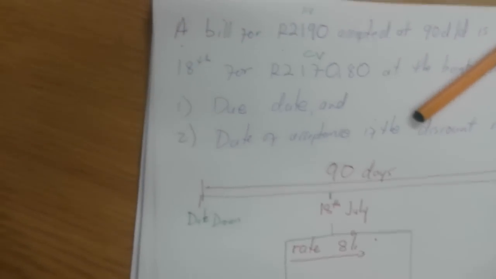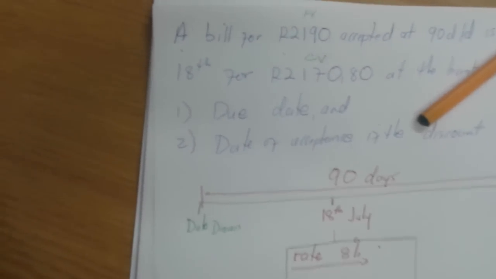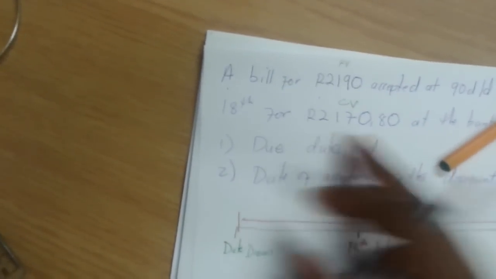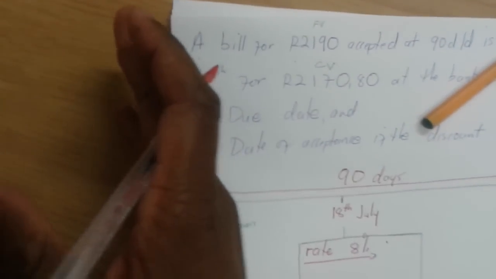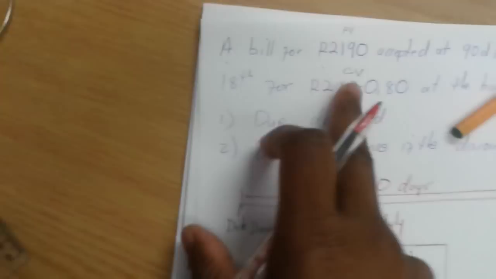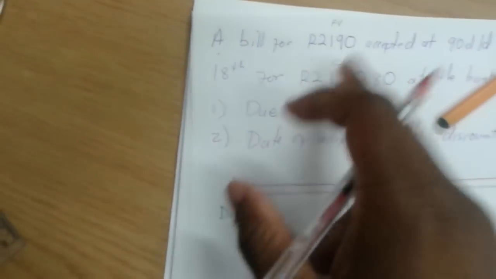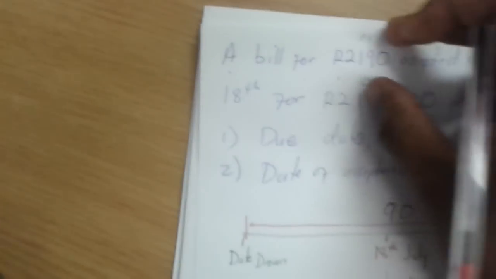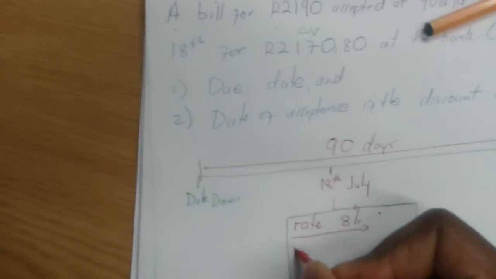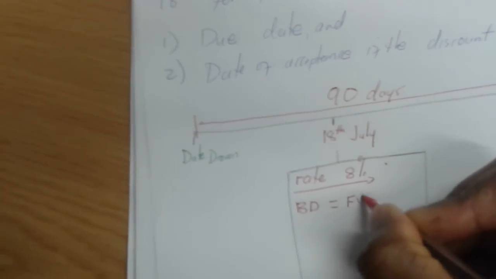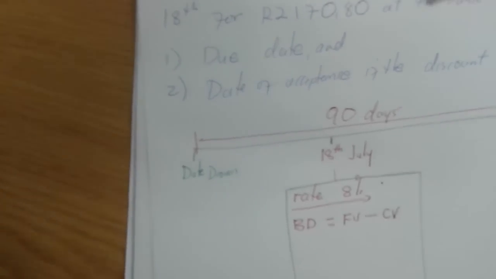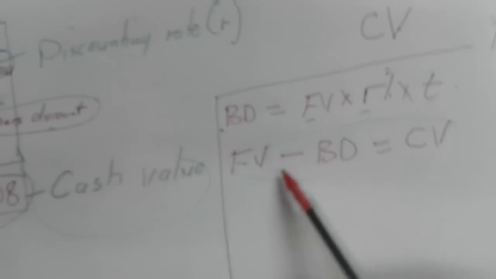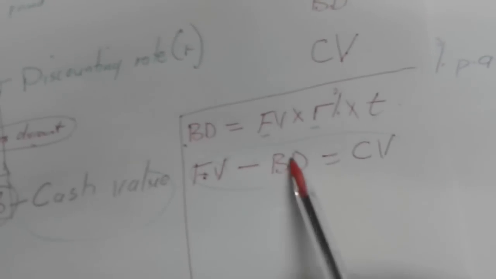Now, we know very well that in the previous case, we were not given the CV. We had to work it out from the beginning up until the end. Now they gave us the CV. It means they've already calculated the BD. So from the two, you can conclude that your BD, that's your banker's discount, is equal to your FV minus your CV, which is the same formula as this one. FV minus BD is equal to CV.